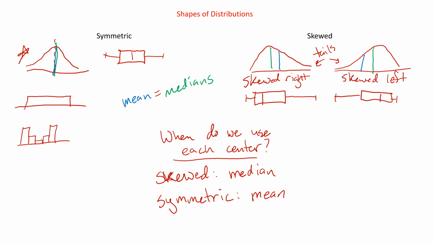There's stuff that goes along with the mean that allows us to use it for more things. So if it's symmetric, we use the mean, but if it's skewed, we use the median because that's going to describe the center better than the mean will, because that mean just gets pulled off into the tail really easily by a few outliers. So this was the extent of the shape of our distributions.